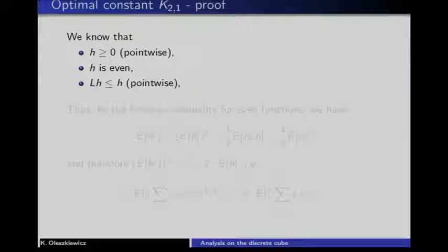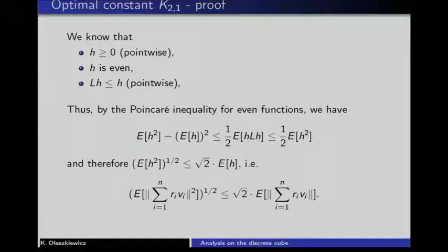We know these three properties. H is our function that we want to estimate, our semi-norm generated by the function. Because the function is even, we know that the Poincare inequality holds with constant 1/2. Remember? We proved the Poincare inequality with constant 1/2 under the additional assumption that the function is even. But this is our case. Also, we know that LH is not greater than H, and H is non-negative.